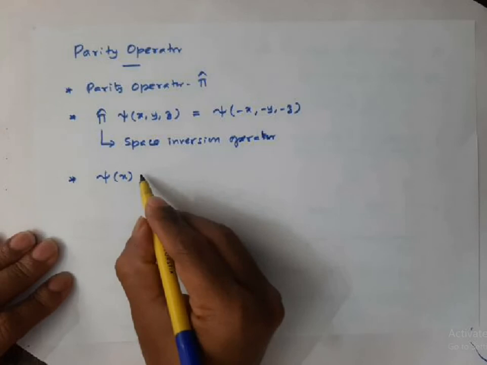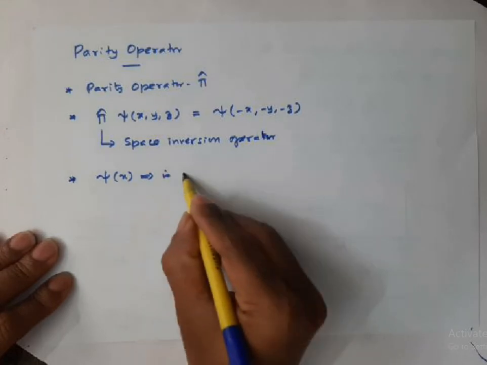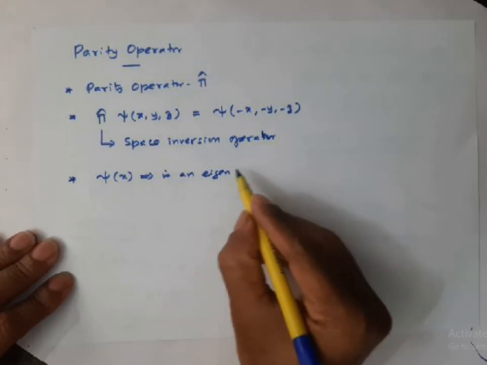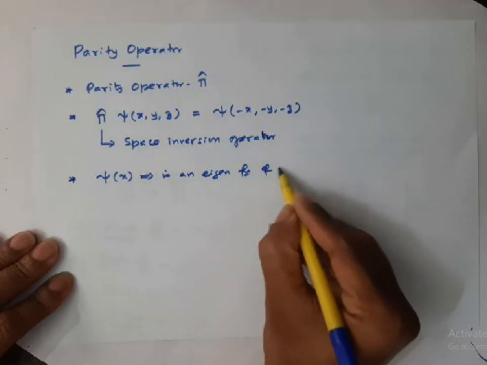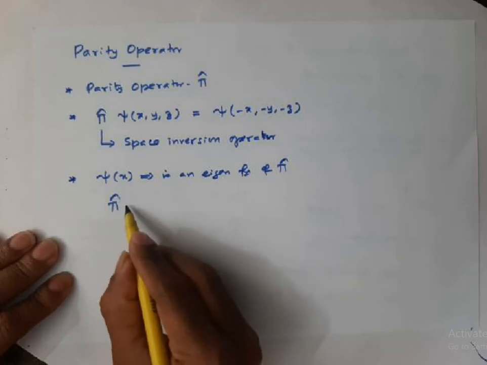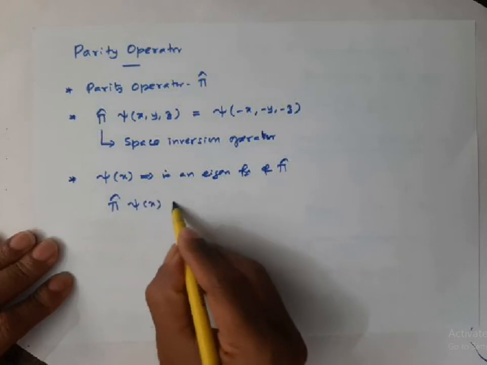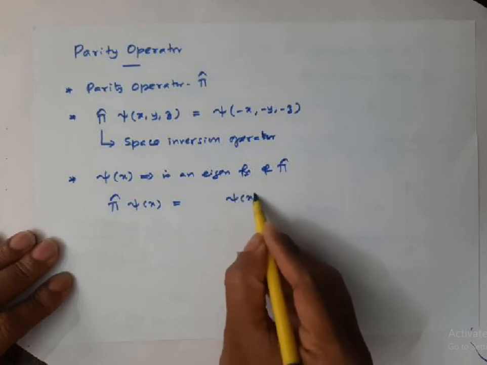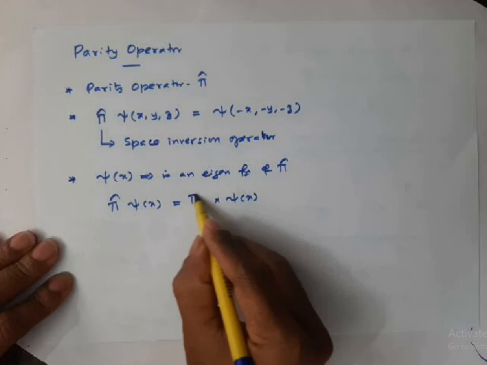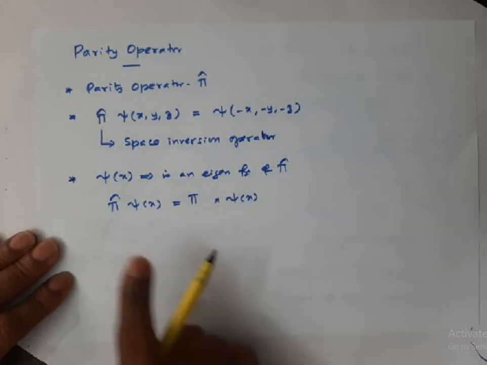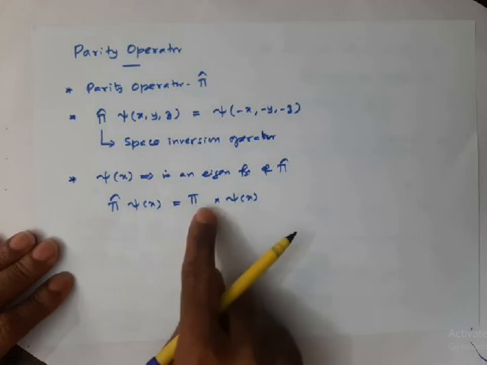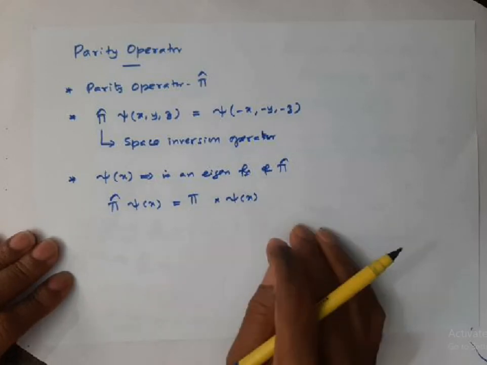Assume that this function is an eigenfunction. Then, if I apply the parity operator on this function, I will get the same function multiplied by the eigenvalue. I'll represent the eigenvalue by the symbol pi. Pi with a hat indicates the parity operator, and this pi represents the eigenvalue.